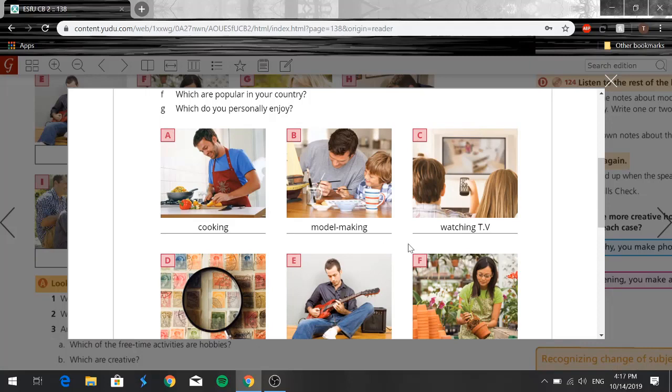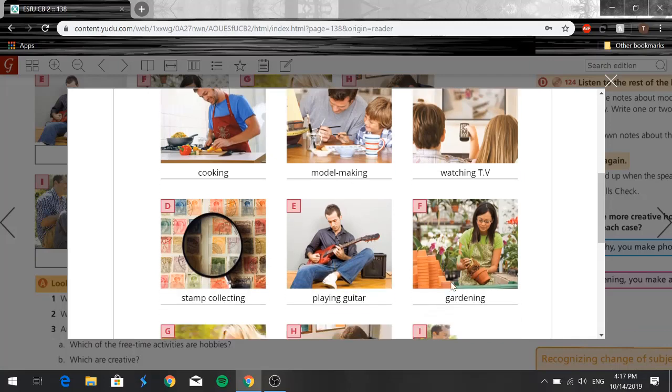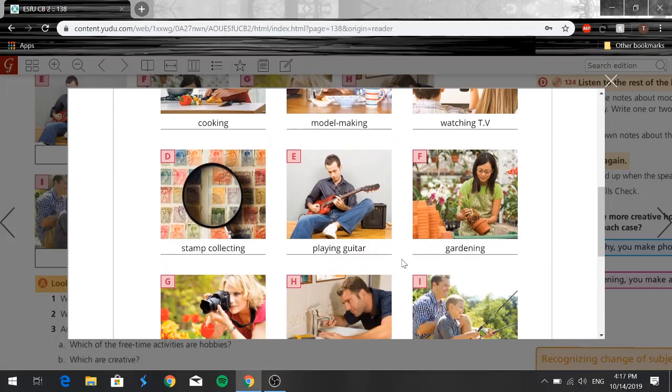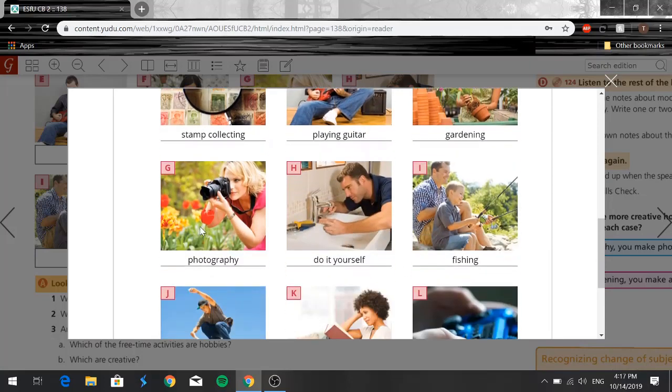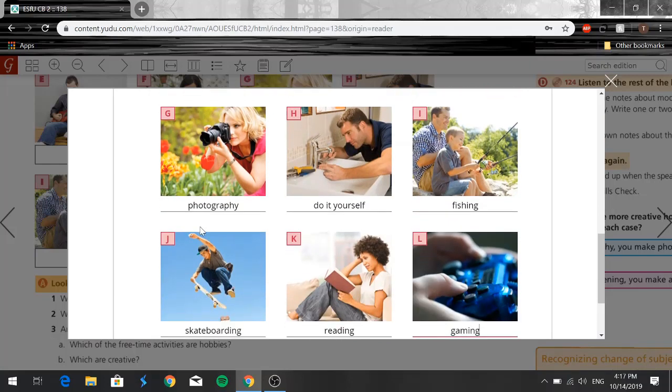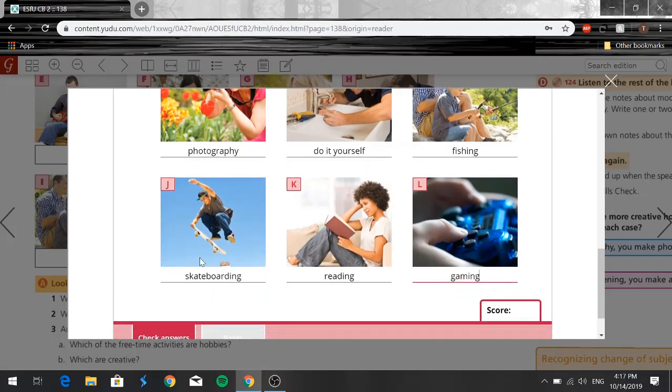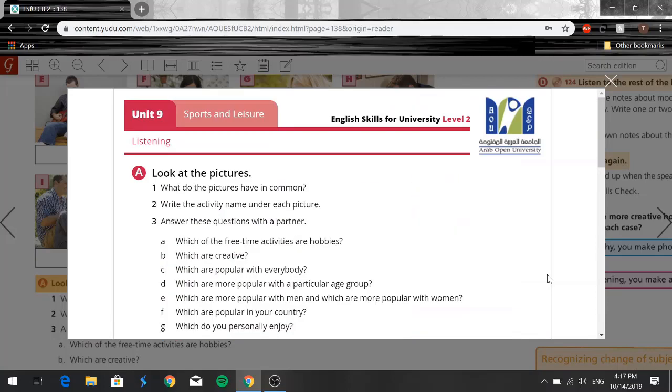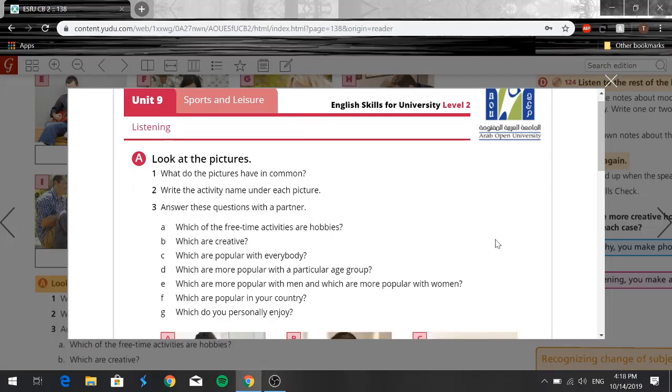Anyway, I'll definitely say model making can be a hobby. Gardening can be a hobby. Playing musical instruments in general can be a really good hobby. Photography can be a hobby. What else? Skateboarding? I think gaming could also be classified as a free time activity hobby.